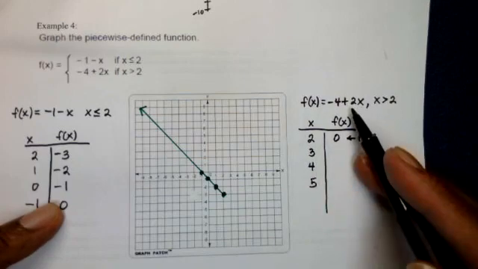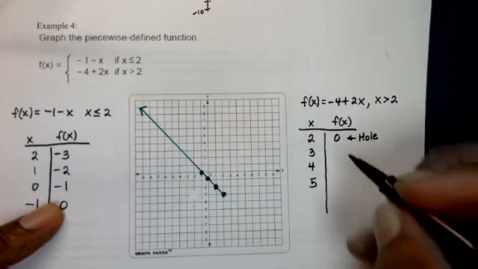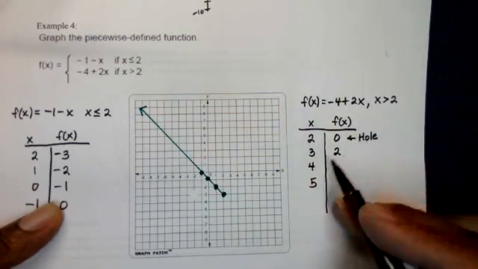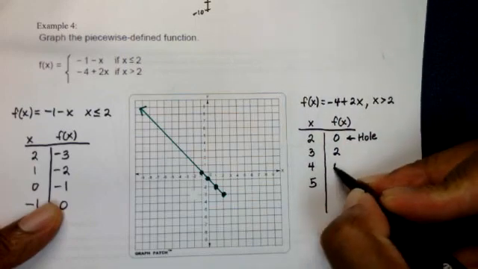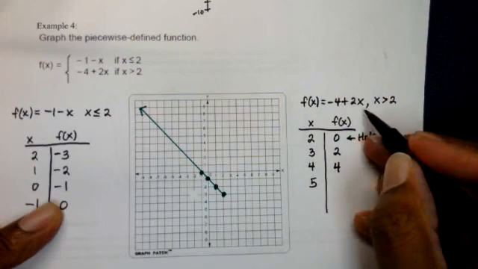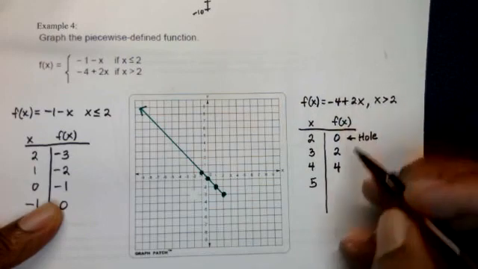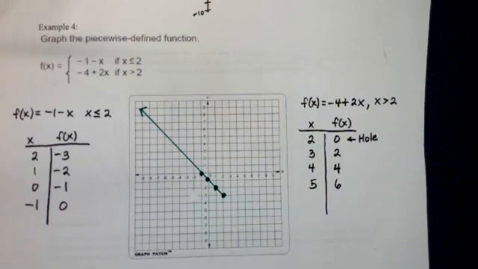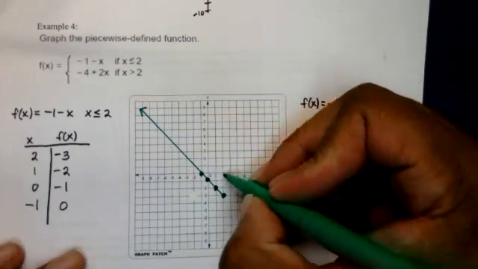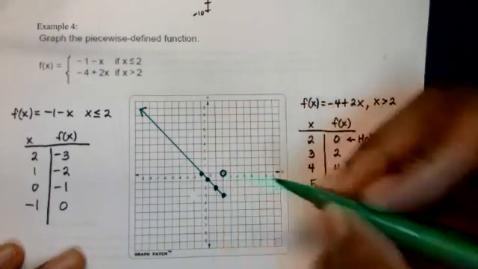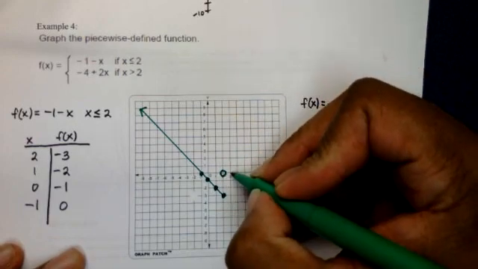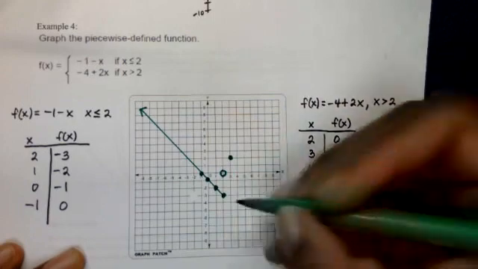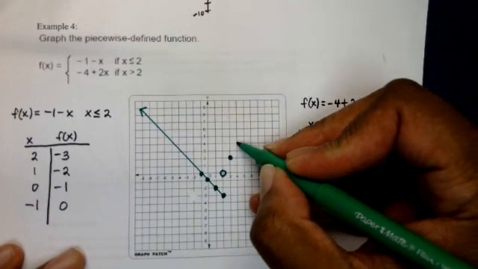And then for x equal 3, 2 times 3 is 6 plus negative 4 would be 2. Then for x equals 4, 2 times 4 is 8 plus negative 4 would be 4. Then for x is 5, 2 times 5 is 10, and 10 plus negative 4 is 6. So now at 2, 0, we're going to have a hole in the graph. And then 3, 2 will be to the right 3 and up 2. 4, 4 will be to the right 4 and up 4.